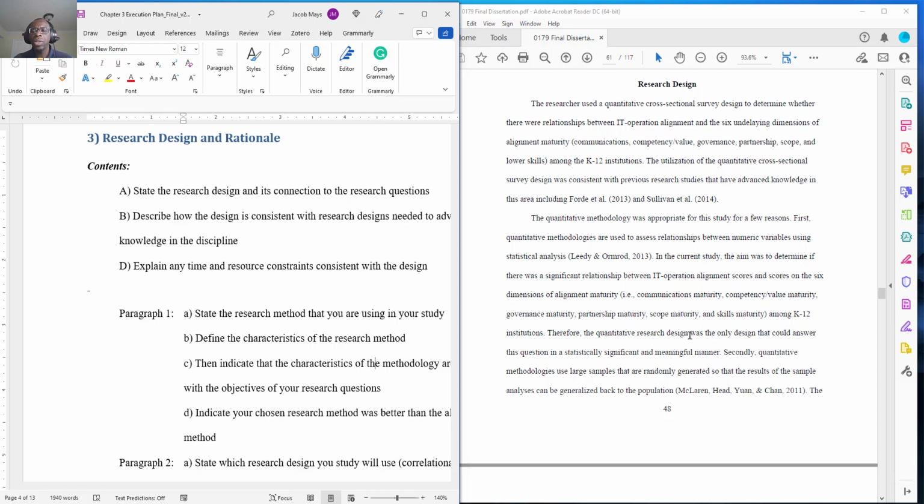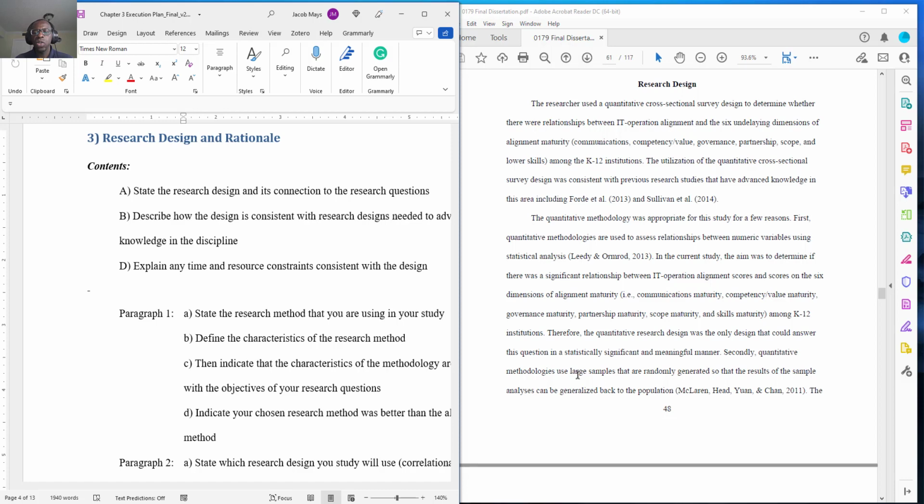Therefore, the quantitative research design was the only design that could answer this question in a statistically significant manner. So they said, okay, characteristic of the design, characteristic of my study. Number 3, therefore, this design was appropriate. Okay. Then they went on to the second characteristic.